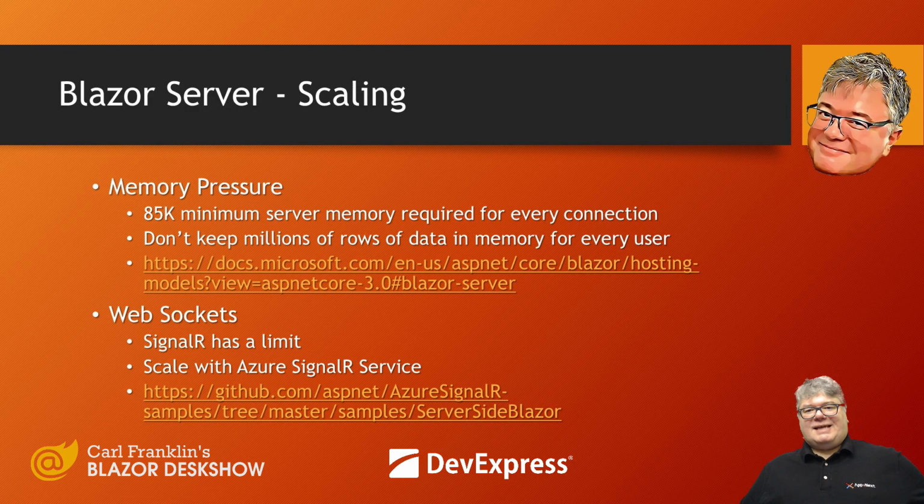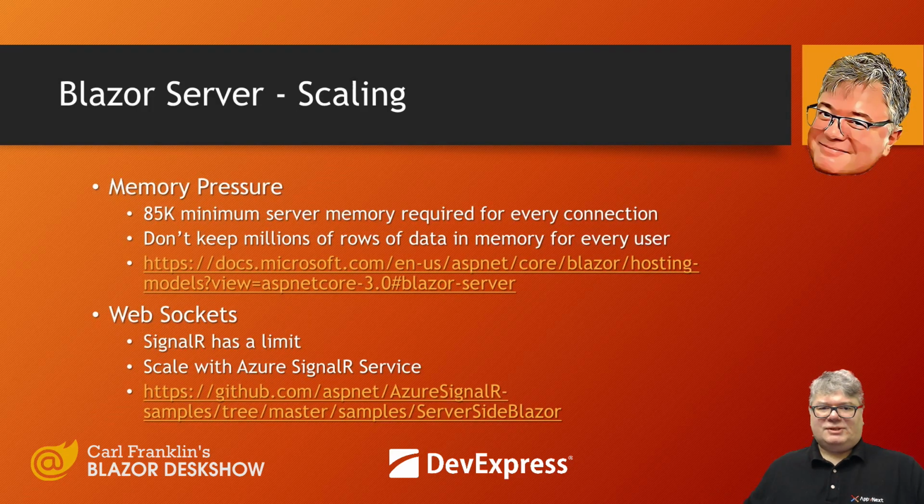All right, let's talk scaling, shall we? Because if all the code is running on the server, and it is here, then we need to pay attention to how much memory and how much CPU it has, because that directly affects how many concurrent clients we can have online.